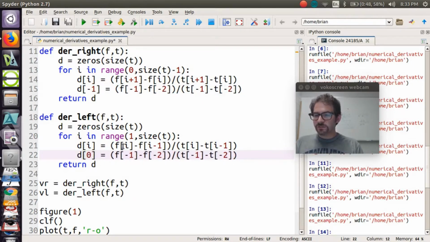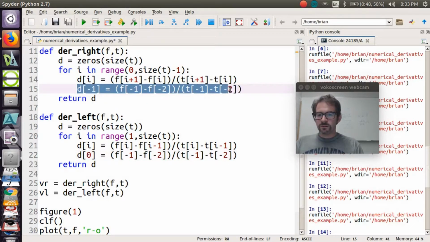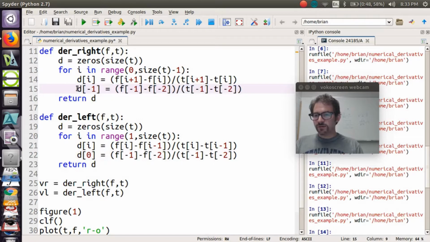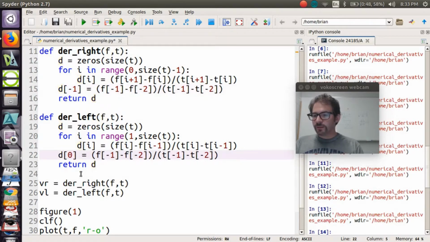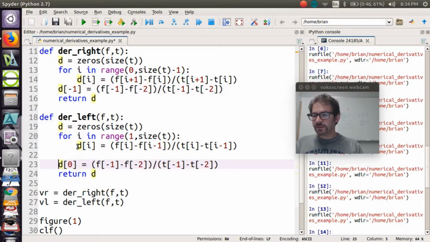So d of 0, oh, this is a pretty simple error. This needs to be not inside my loop. There's no reason for that to be a loop because there are no i's here. So we get out of a loop by tabbing out. Remember, anything that's tabbed inside this for is inside the for loop.